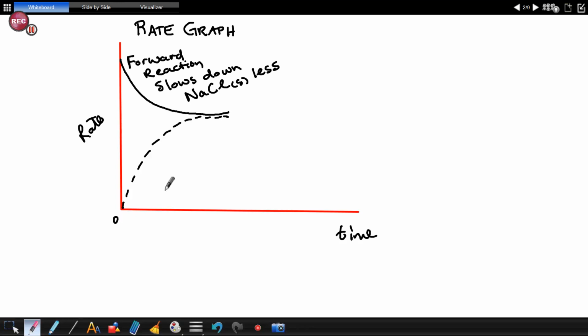And your reverse reaction speeds up because there'll be more sodium ions and chloride ions in solution, and the more there are, the faster the reverse reaction will be.